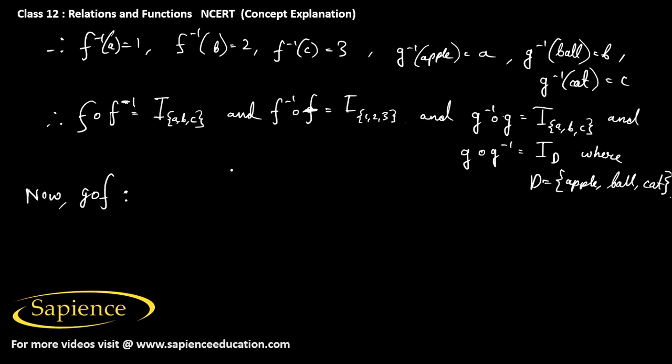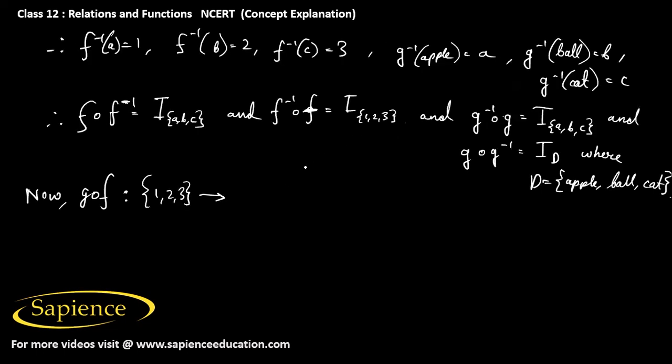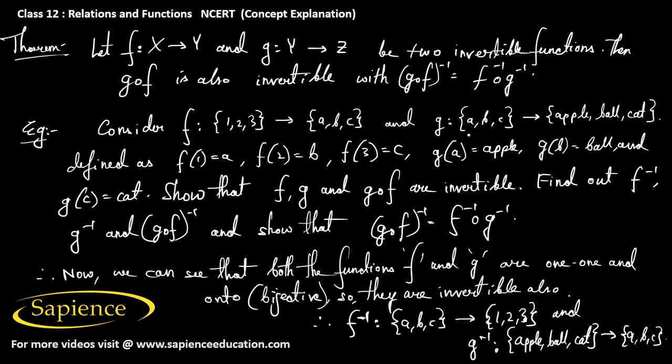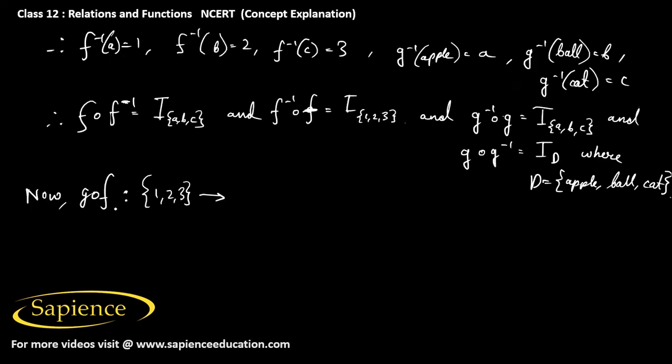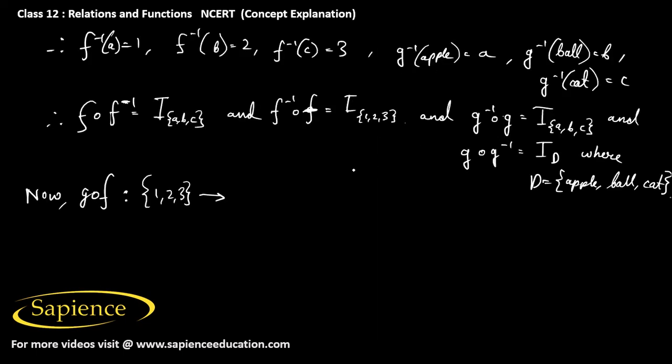The domain of g of f should be equal to the domain of f, which is 1, 2, 3. The codomain of g of f will be the same as the codomain of g, which is apple, ball, cat. So it will map from 1, 2, 3 to apple, ball, cat.